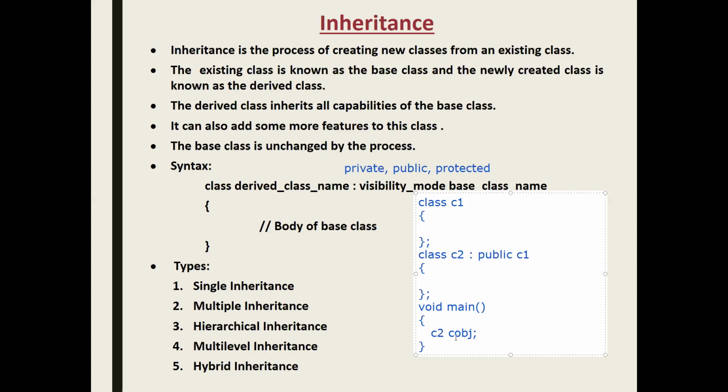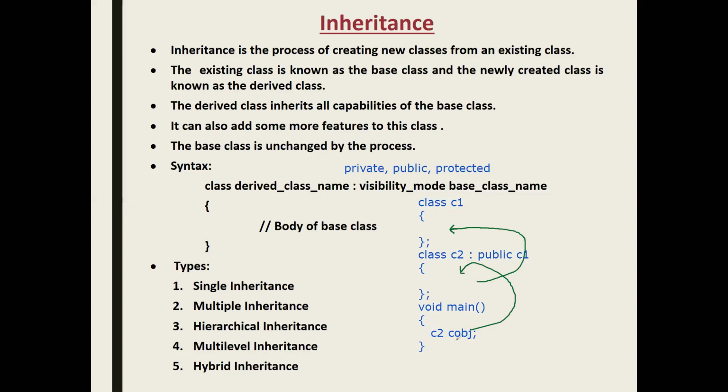So C obj is said to be the object for this class C2. With this object, I can access this property, and as well as from here I can access this property, right?